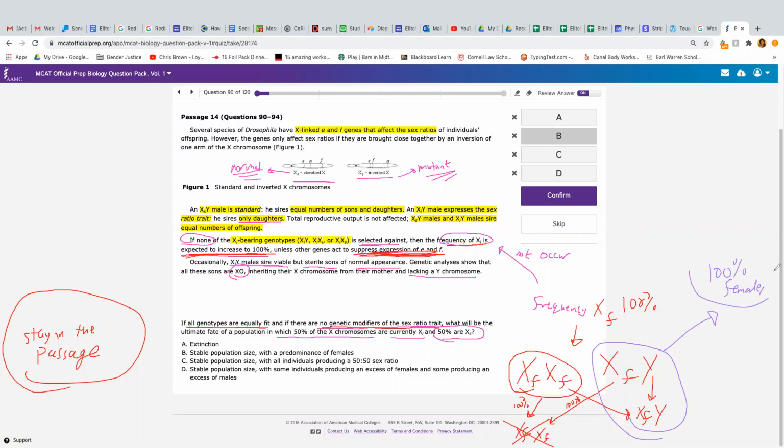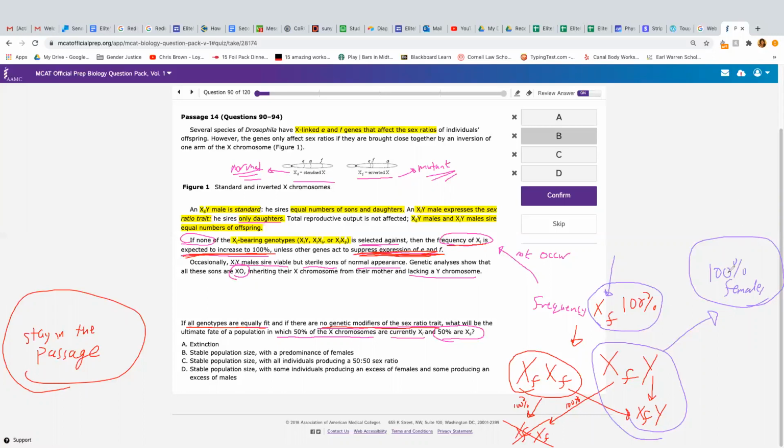right? Now, this is crucial because remember, the question asked us, what happens if you get to a position where 100% of the alleles that are around on the X chromosome are the mutant allele? And what we basically said is that you're going to end up in a situation where the males always produce a female.